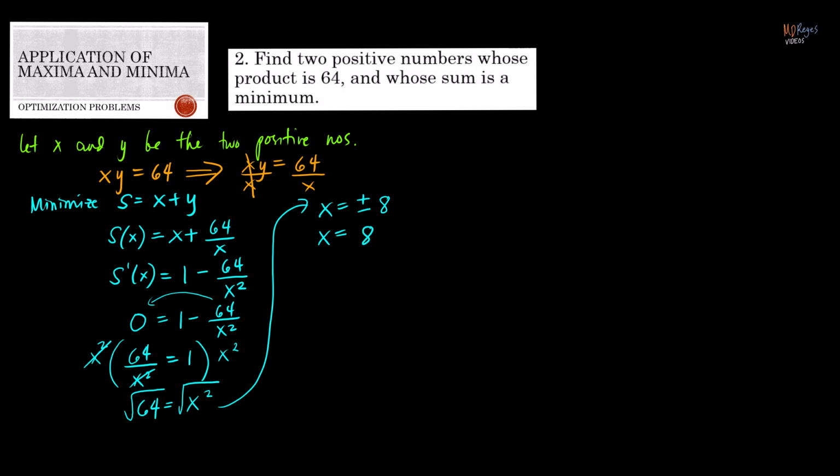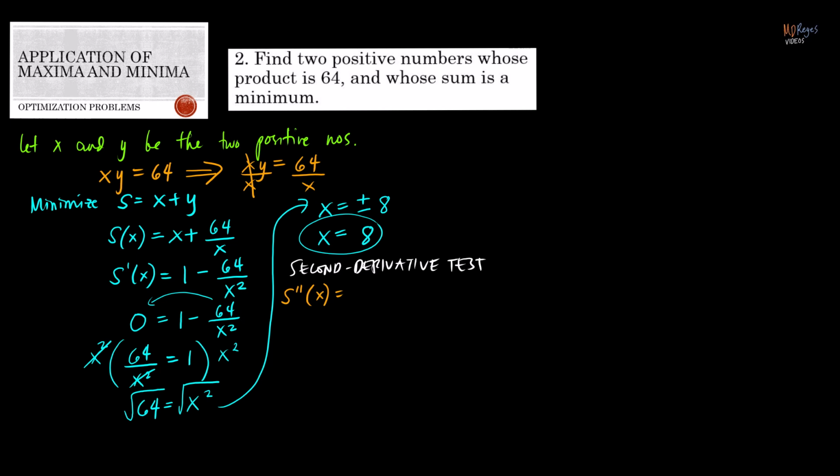Now, before we get the value of y, we have to check that 8 will yield a minimum value of the function by using the second derivative test again. In the second derivative test, of course, we need the second derivative of s, denoted by s double prime of x. We'll try to differentiate this function this time.